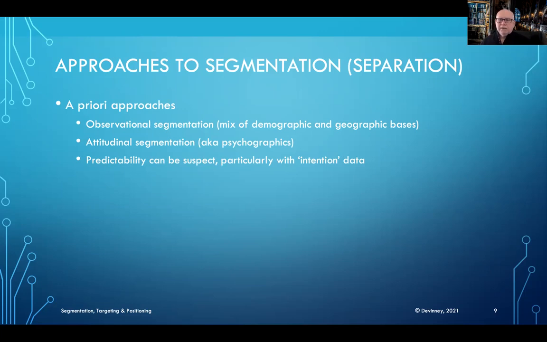They try to put people into clusters. So take my example of the eco warrior. If you look at a lot of these segments, people will ask, how much do you care about the environment? How much recycling do you do? They ask all sorts of questions. They do a cluster analysis, and from that cluster analysis, they put names and labels on the different groups.